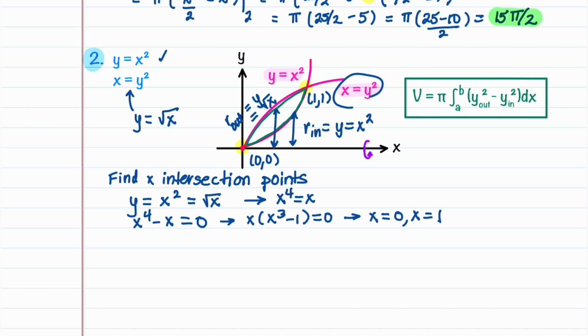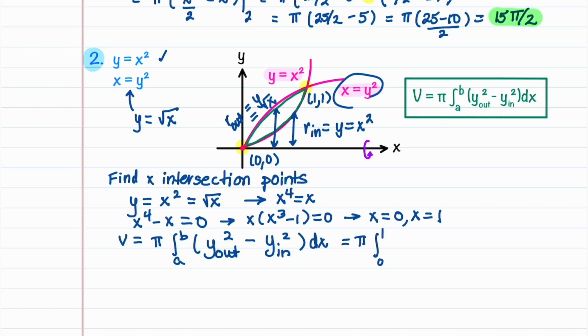The formula that we're going to use is the volume is equal to pi times the integral from a to b. We have our outer radius, which is y out squared minus our inner radius y in squared dx. This is equal to pi times the integral from 0 to 1. Our outer radius we found was root x, so we have the square root of x squared.